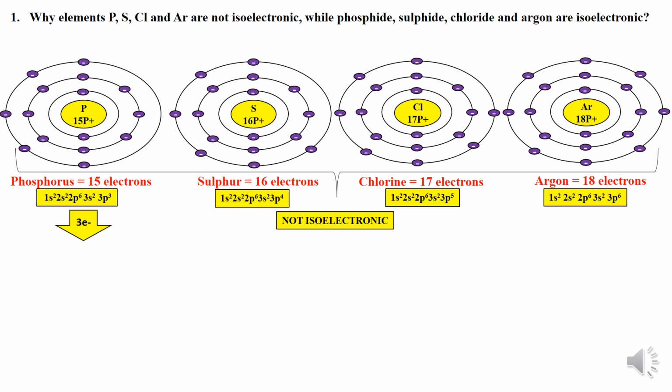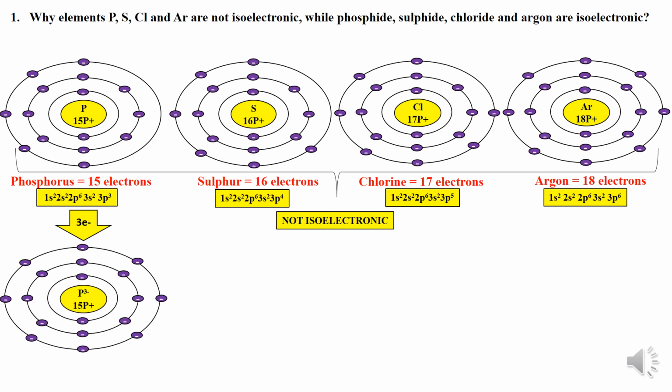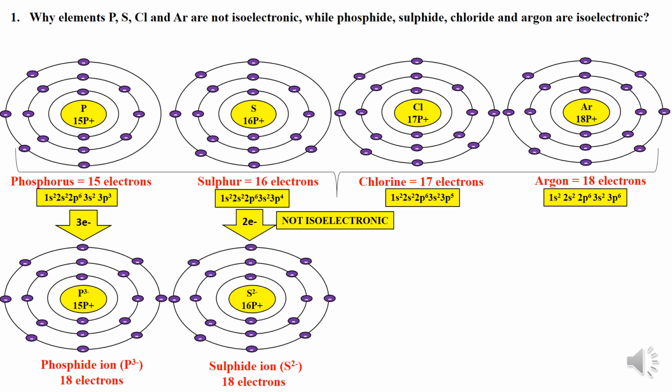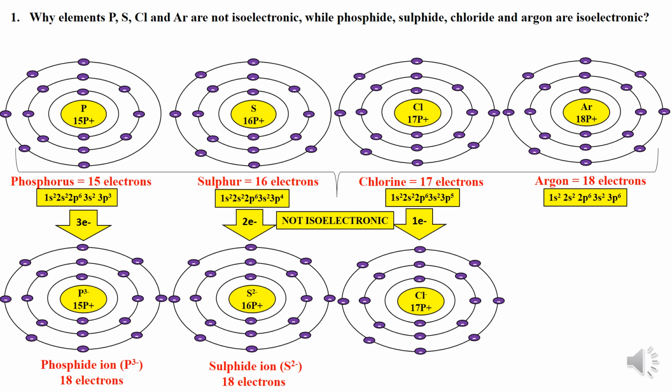Now, when phosphorus is involved in a redox reaction, it gains 3 electrons and changes to a phosphide ion with 18 electrons. Sulfur gains 2 electrons in a redox reaction and changes to a sulfide ion with 18 electrons. Chlorine gains 1 electron in a redox reaction and changes to a chloride ion having 18 electrons.